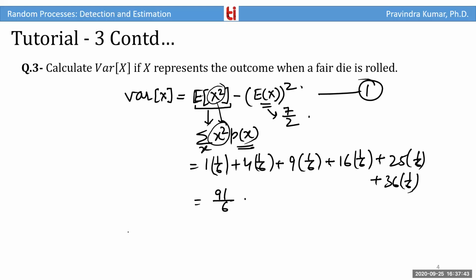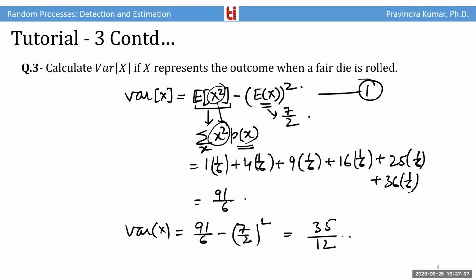So from equation first, the variance of X will be 91 by 6 minus 7 by 2 whole square. So it will be 35 by 12. So this is the variance of this type of experiment. Up to this point, if you are having any problem, you can ask.